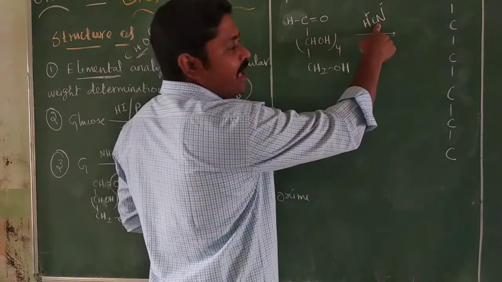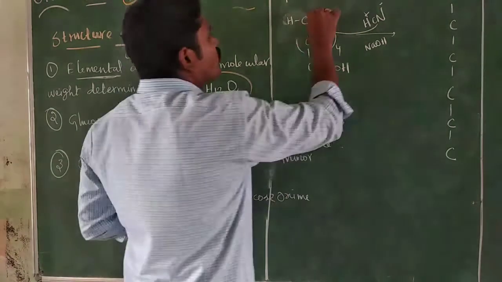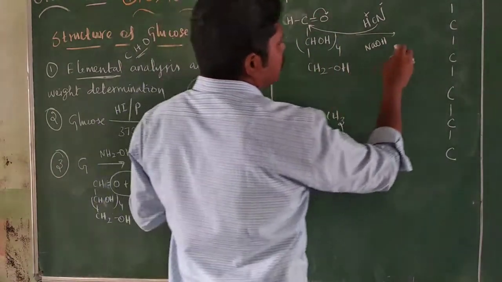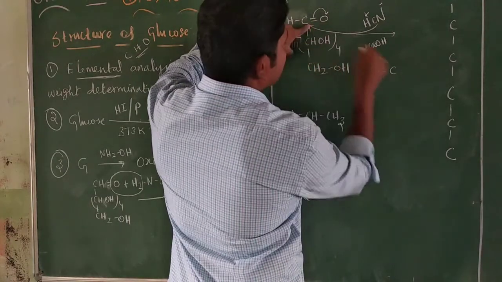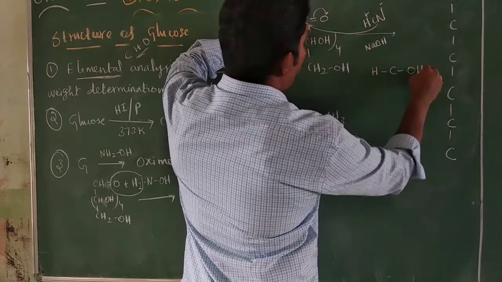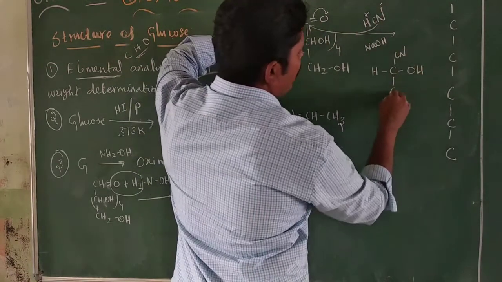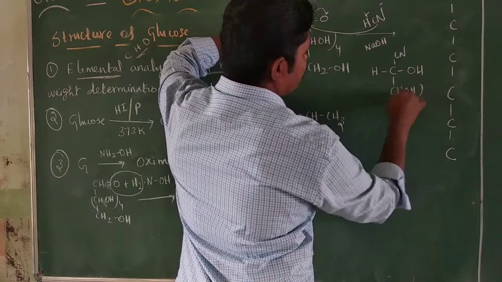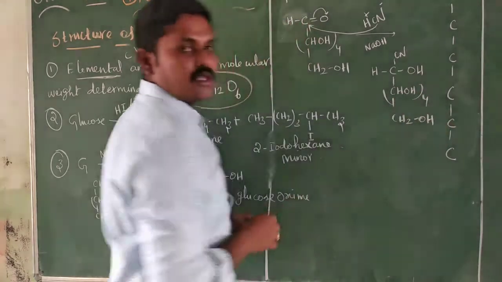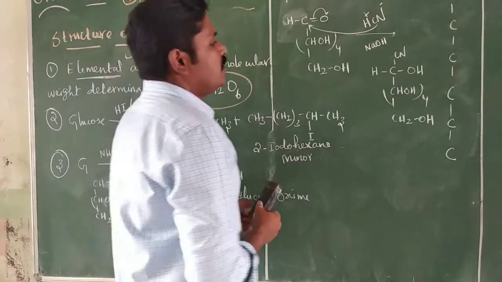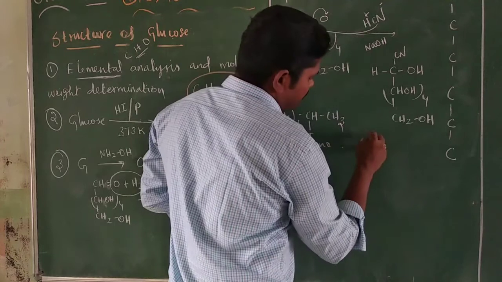CN minus is a nucleophile and attacks the carbonyl carbon to give CN, CHOH, (CHOH)4, CH2OH, glucose cyanohydrin.